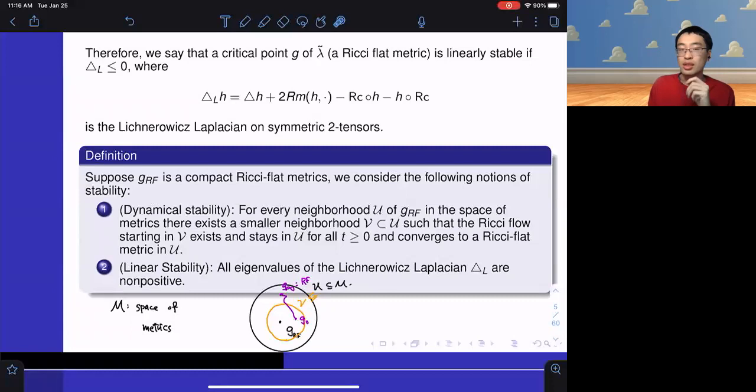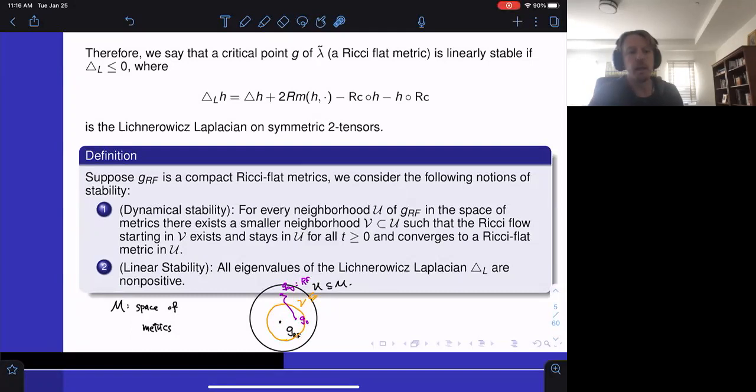So far I think there are no examples coming to my mind, because what Hamilton did, they will say they converge to the original one. But I think anytime you have continuous families of Ricci flat metrics, this is somehow the best you can hope for. Right, so for instance, on K3 surfaces, you just have a smooth family of Calabi-Yau metrics. You perturb away from a given one, maybe you just perturb in the family.